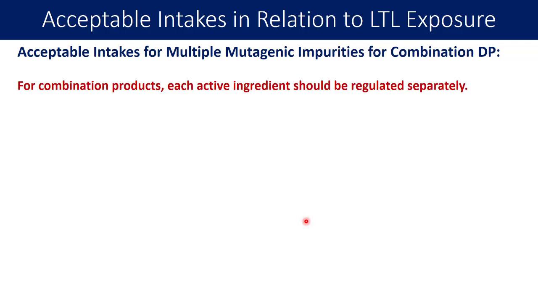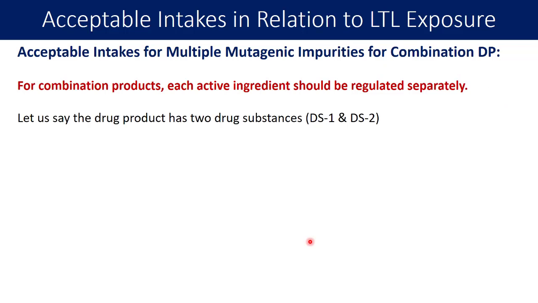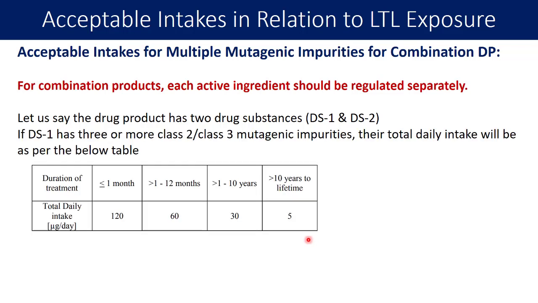So for a combination drug product, each active ingredient should be regulated separately. Meaning in case you have, let us say, two different drug substances present in a drug product, DS1 and DS2. So if DS1 has three or more class 2 or class 3 mutagenic impurities, their total daily intake will be as per the below table.